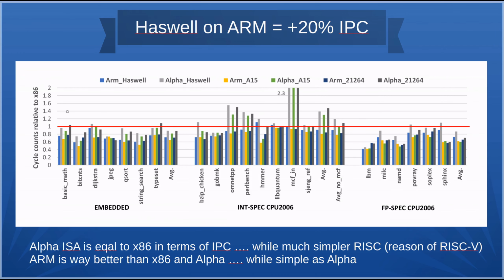The interesting thing on this graph is that x86 is not really a bad architecture. This red line is the x86 baseline Haswell, and compared to Haswell on Alpha architecture, sometimes it's a little bit better, but sometimes worse, sometimes really much worse than x86. And on floating point, it's like this, sometimes worse, sometimes better.